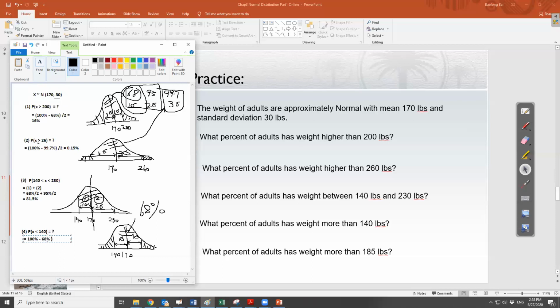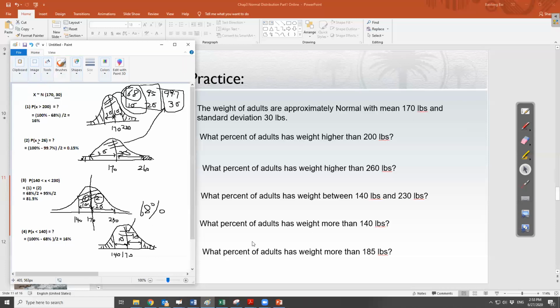And then this will be both tails on the left and on the right. If you just want to have one tail, we divide it by 2 because they're the same size, right? So it'll be 16%. Okay, so we can use the empirical rule to find some normal distribution probabilities very quickly.